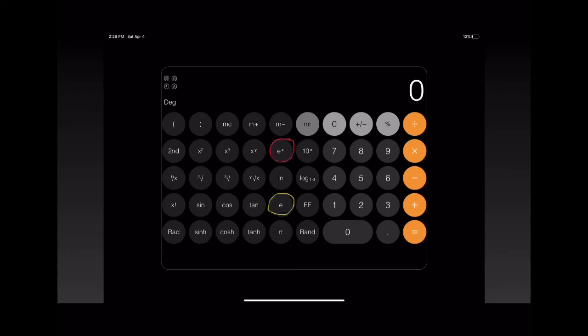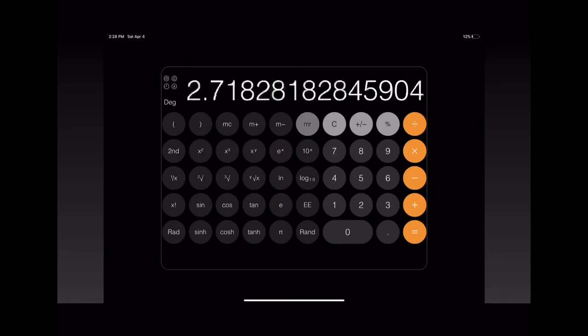If I punch the yellow circled E button, it will give me the value. If I want E to any power, I just tap in the power and use the red circled button. I can get what I need.